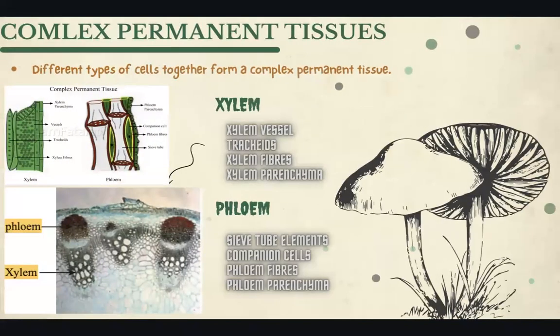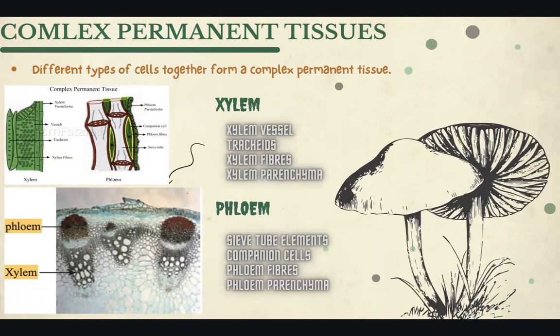Well, now, complex permanent tissues. Before, as simple permanent tissues, they were composed of similar types of cells. But here it is composed of different types of cells that come together to form a complex permanent tissue.